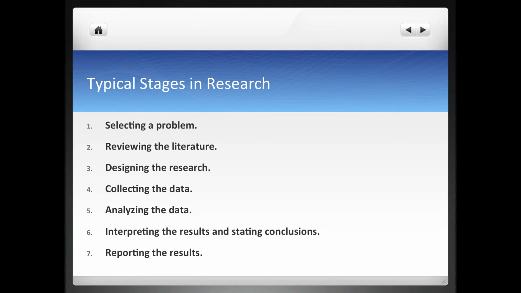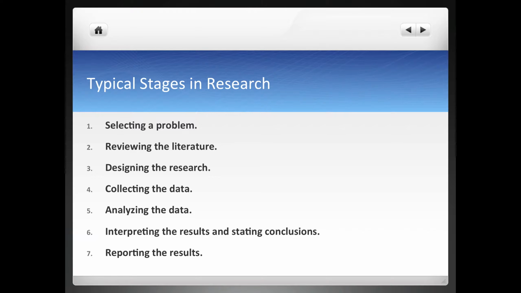If you ask any researcher their least favorite part of research, most people will say reviewing the literature. Reviewing the literature is important for reasons I'll point out in just a second, because it gets you in tune, in touch with your topic. The third thing you do is you sit down and you design the research.